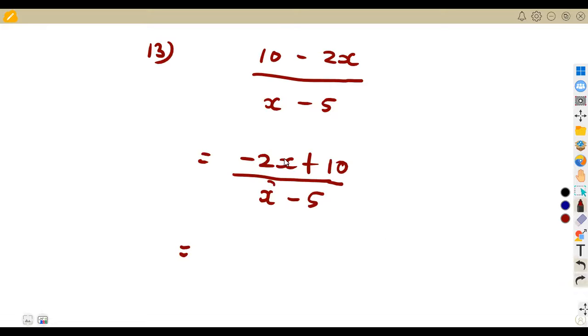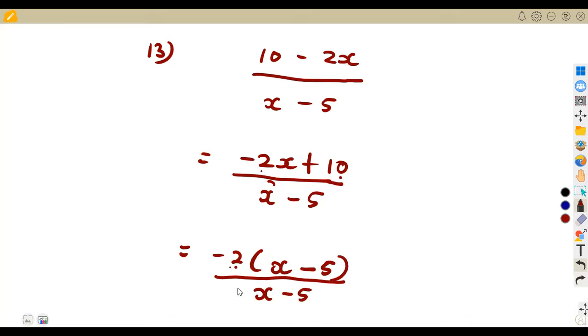It's a linear expression, so we factor out negative 2. Then x becomes a positive x, and 10 divided by 2 is 5, but with a negative. Everything over x minus 5.